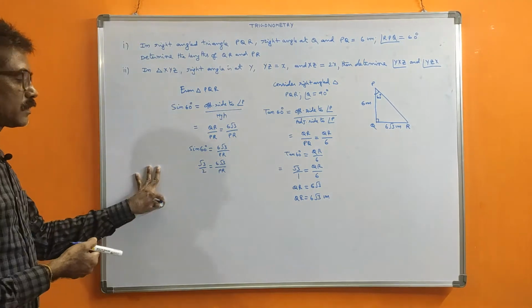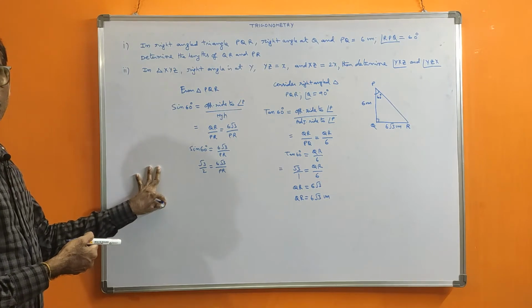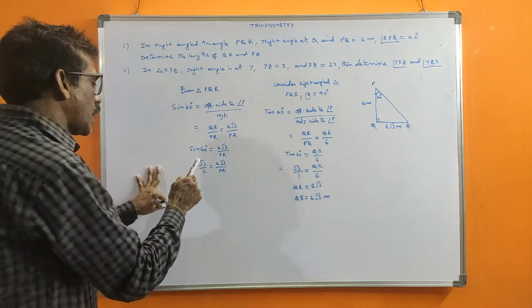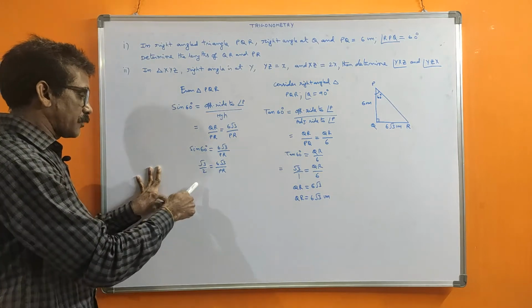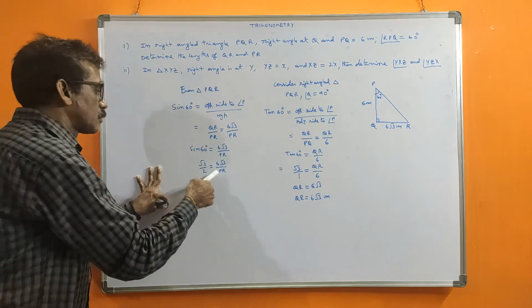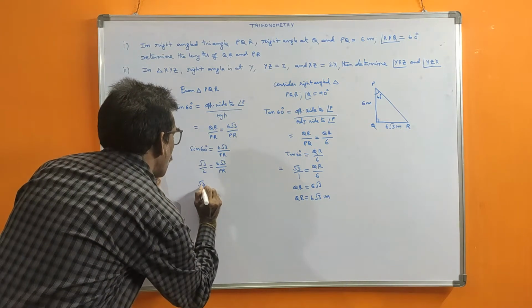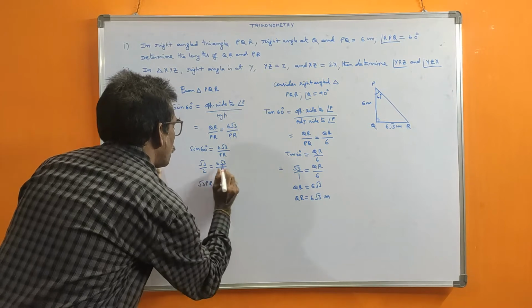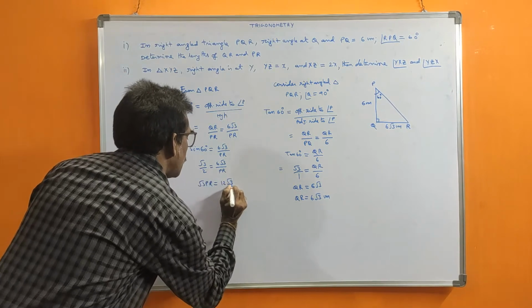Again two fractions are equal, so their cross products are also equal. First, the variable is here, what we have to find; that product first you write. So first write that side only, and the number you write first. So root 3 PR is equal to 2 times 6, which is 12 root 3.